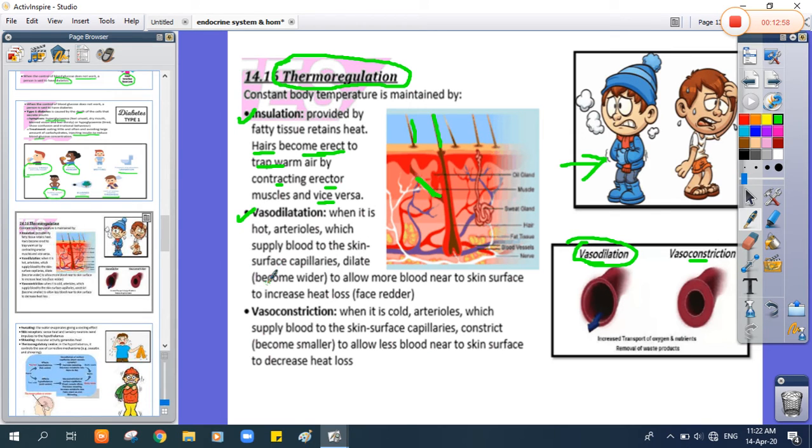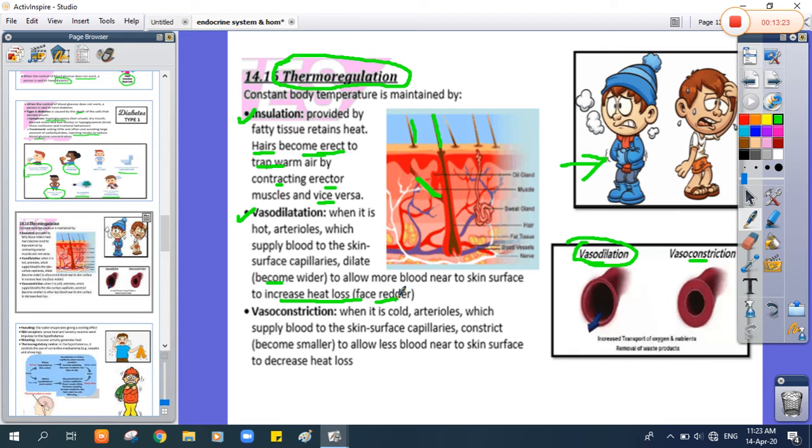Become what? Wider. This is to allow more blood near the skin surface, to increase the heat loss. To increase heat loss. And your face becomes redder, red in color. This happens on hot days.